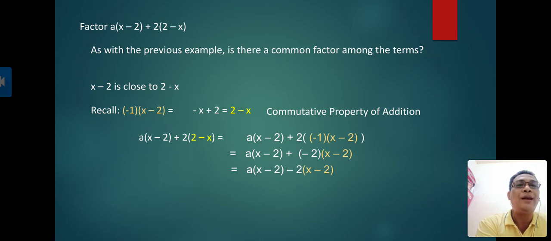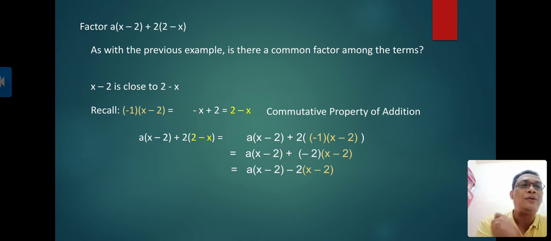So we have a(x - 2) - 2(x - 2). That is positive multiplied by a negative, so that will be negative.